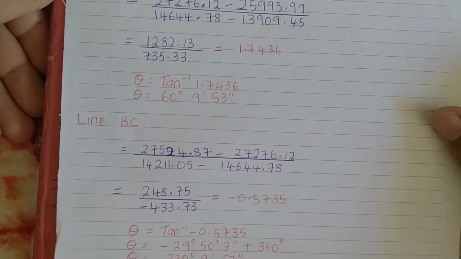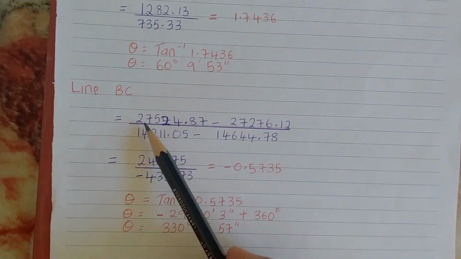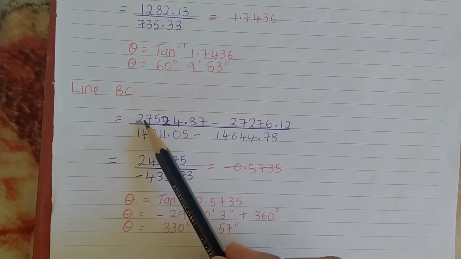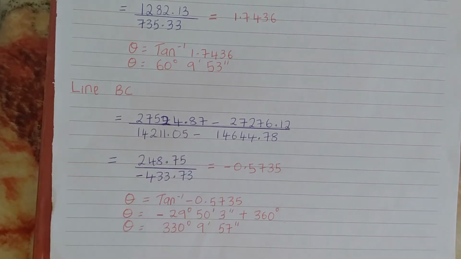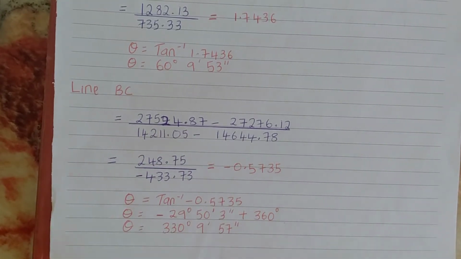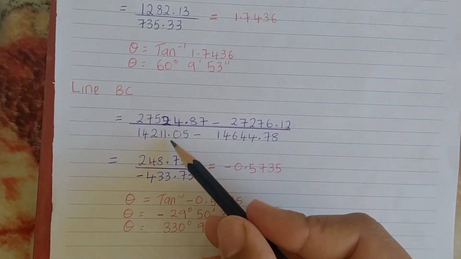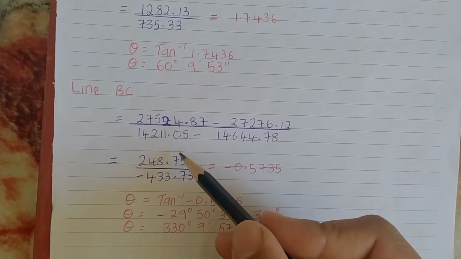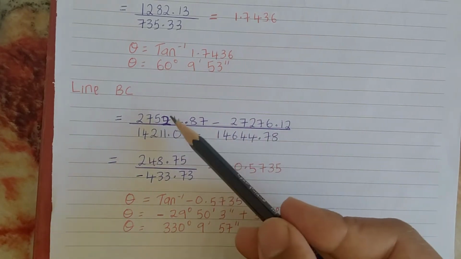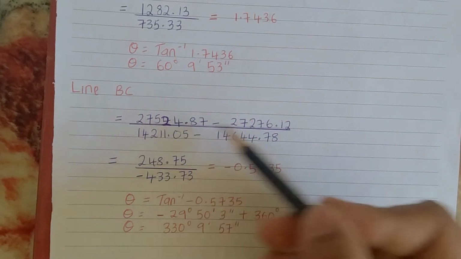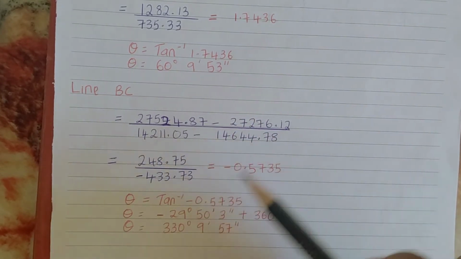For line BC, we shall do the same. So this is our easting 2, which is 27,524.87 minus 27,276.12 all over 14,211.05 minus 14,644.78. So this is our easting 2 minus easting 1, and then this is our northing 2 minus northing 1.